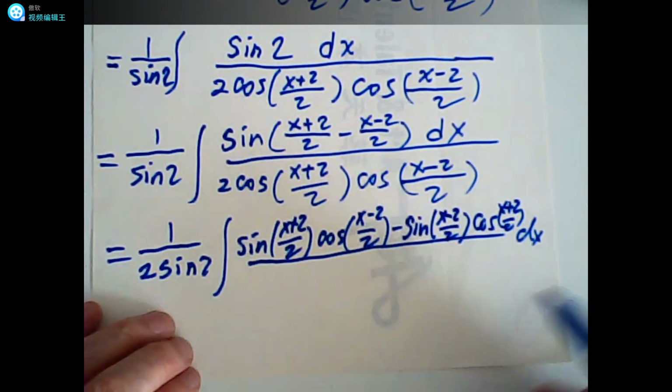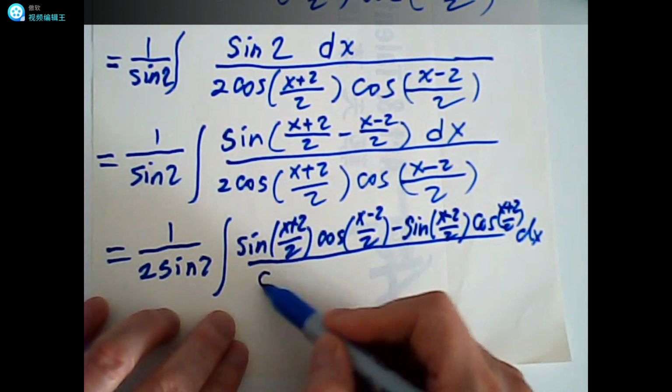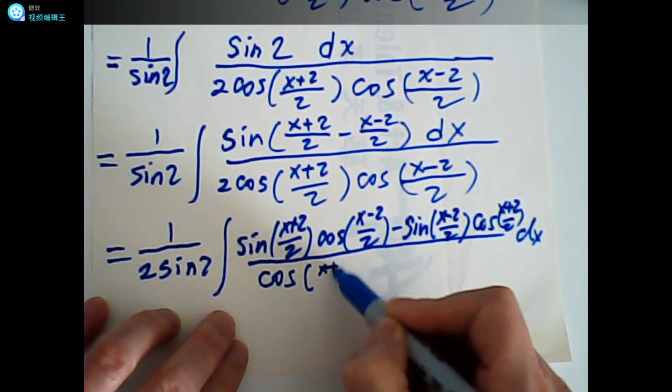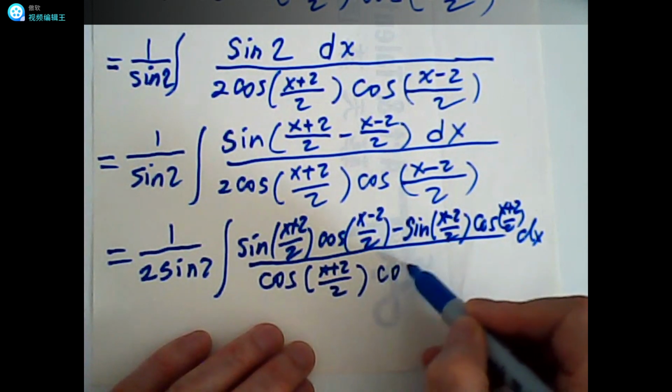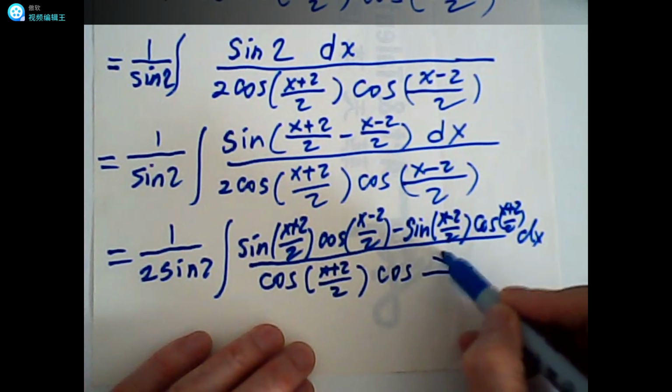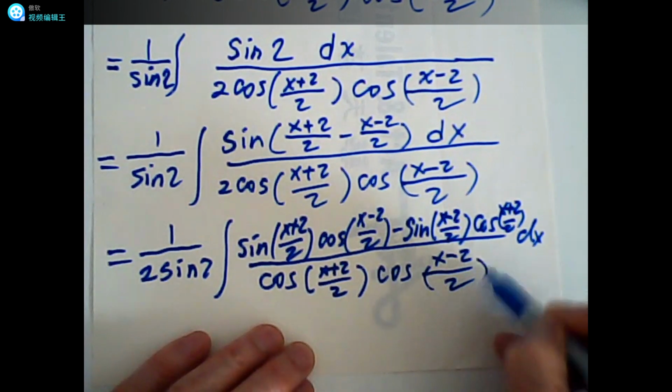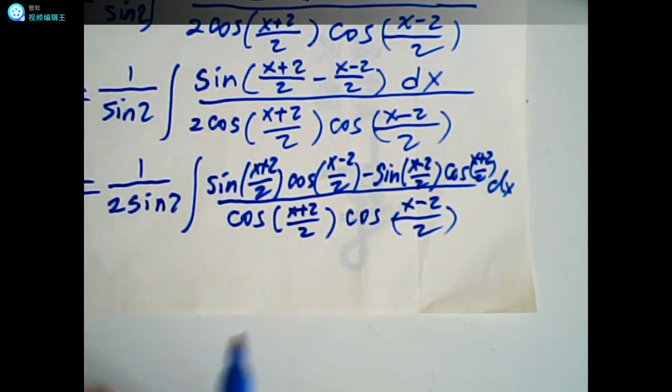This is a cosine (x plus 2)/2 multiplied by cosine (x minus 2)/2. Now, do you see my idea?